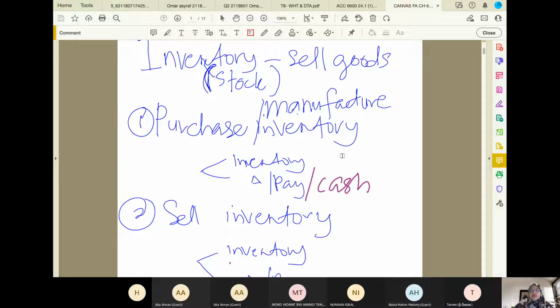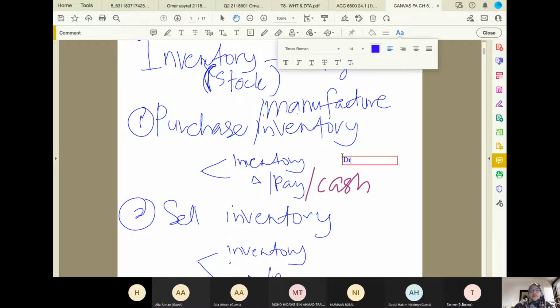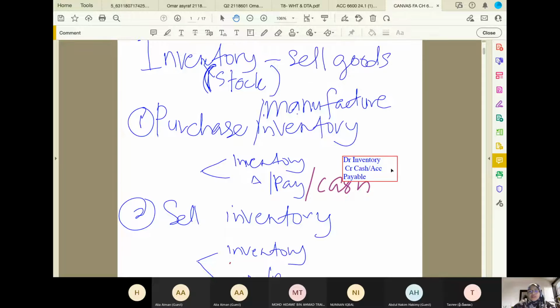So you're going to debit your inventory, credit your cash, or sometimes you open up your accounts payable. So that will be the entry when you purchase inventory.